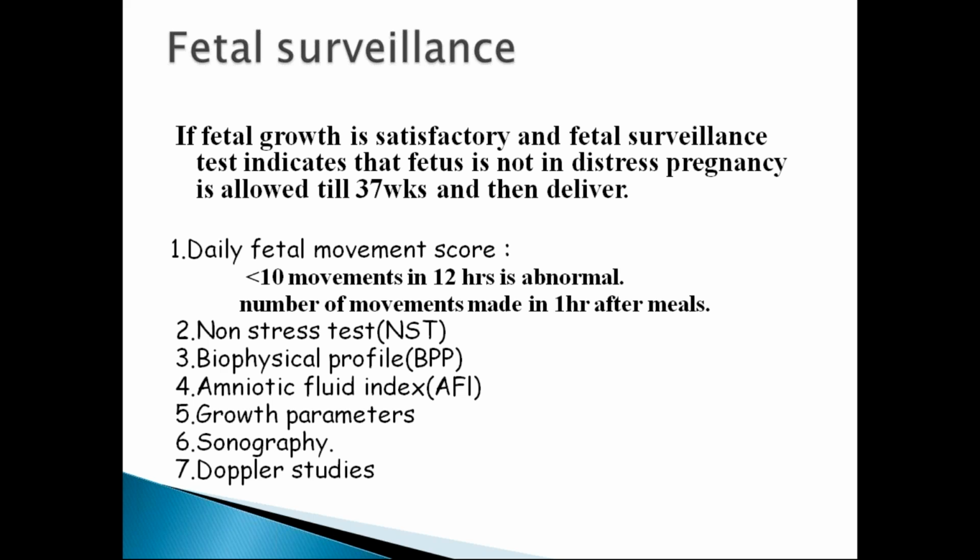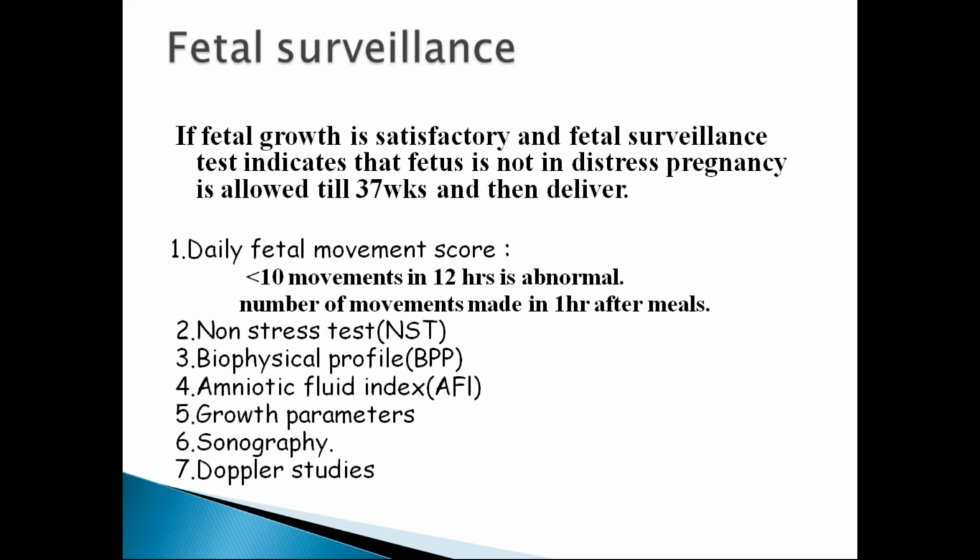But if at any time there is distress, the baby has to be delivered, because something is wrong in the internal environment inside the uterus, and there may be danger to the baby if she is not delivered. Once delivered, she may do well outside. But the baby has to be mature. Fetal lungs should be matured so that we can deliver. Then we have to deliver the baby.